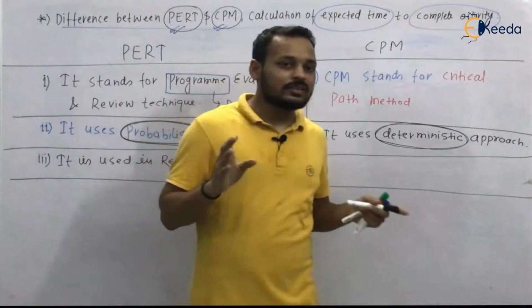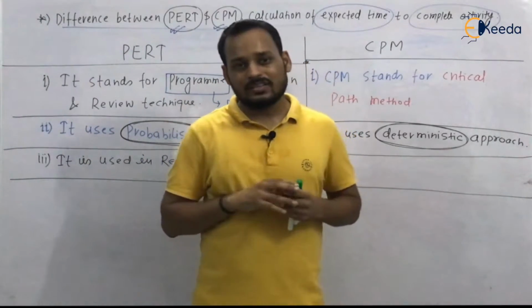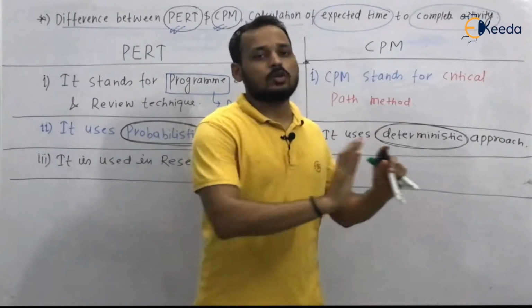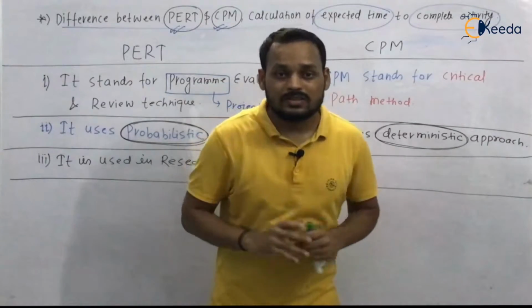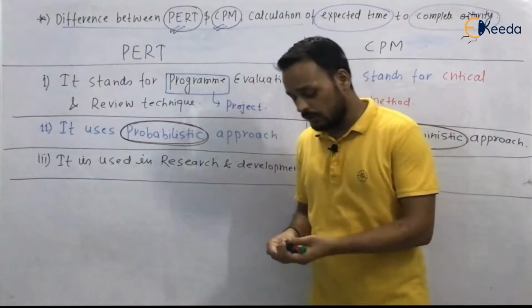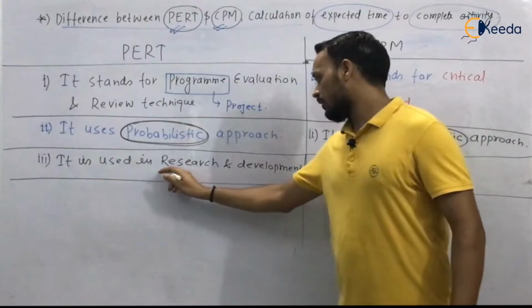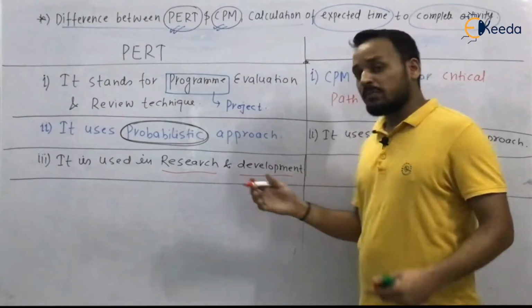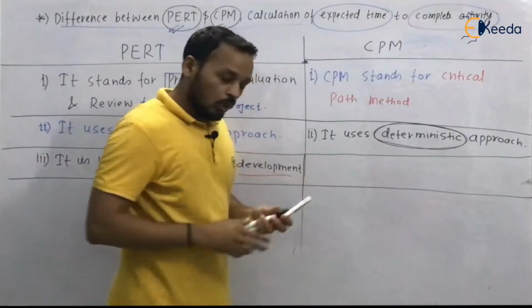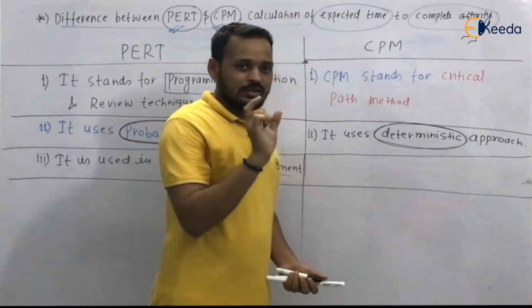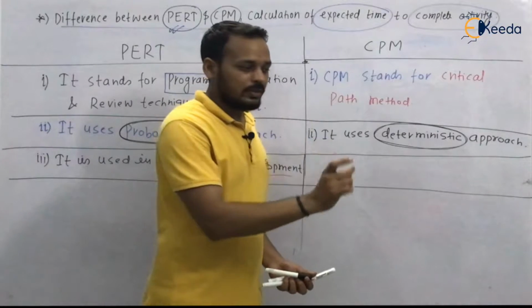But if you conduct the experiment and do not get the result, it means the time duration is going to increase. It is totally based on probability. It is totally probabilistic. It means PERT will always be used in R&D, like in PhD work. But here you know the exact time in which you are going to complete your activity.